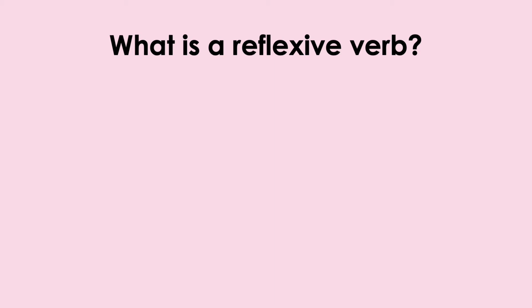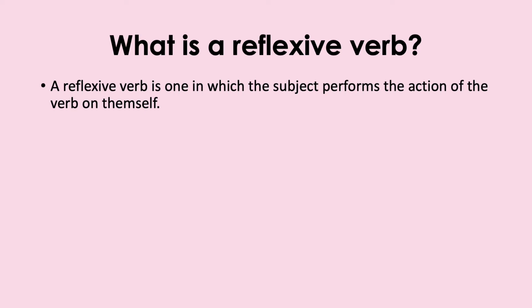Before we go any further, let's just review what is a reflexive verb. Now, a reflexive verb is one in which the subject performs the action of the verb on themselves. What does this look like? In English, an example of this would be the verb to hurt oneself.